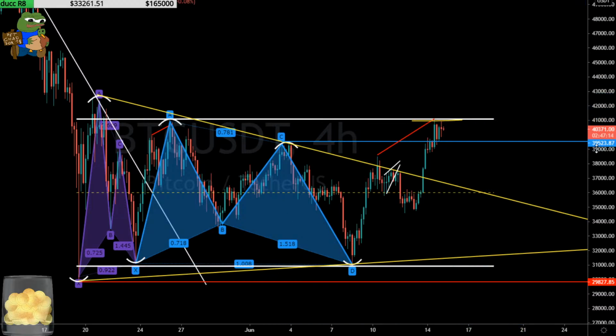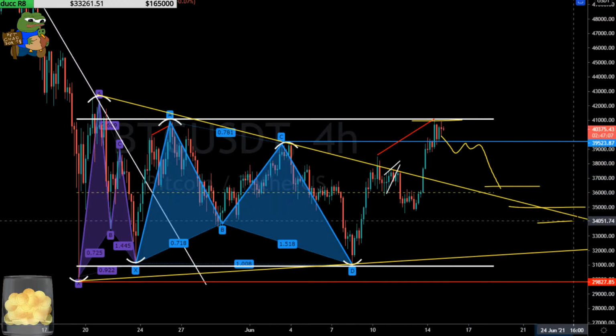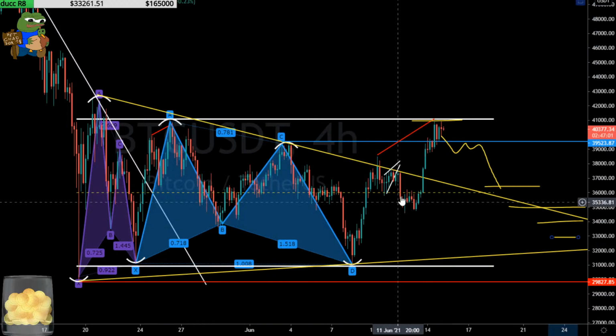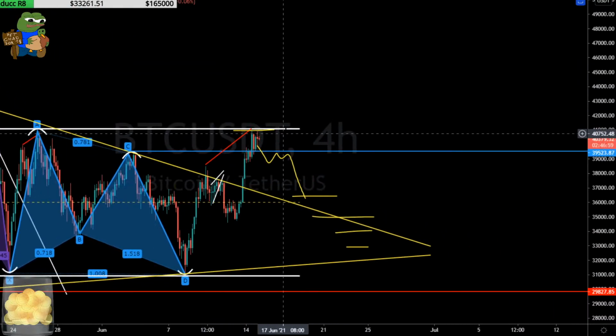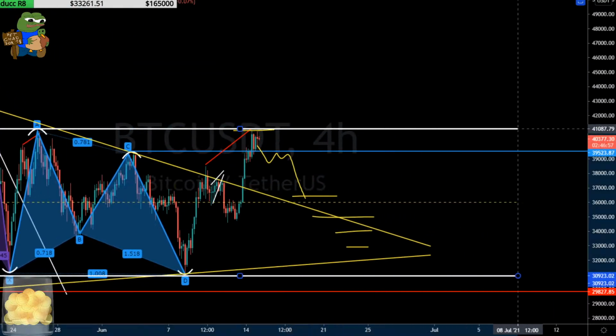Long your longs, right? Fall below this and you're going to be in these areas where you can re-enter, but it's still going to take time. At that point, we're basically saying the range continues, okay?